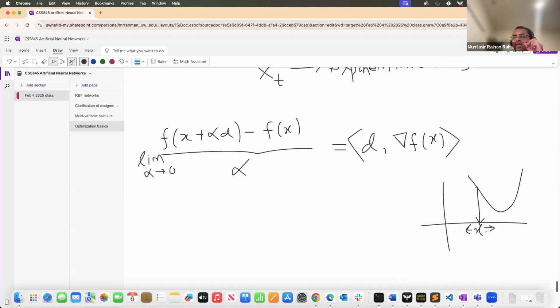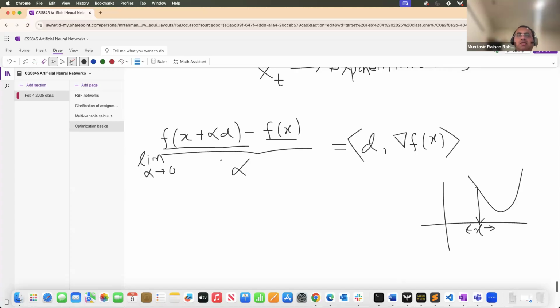I want to find a direction in which to move where I can lower my f as much as possible, so that I get a value much smaller than this value. What direction d can I choose to lower f as much as possible? What value of d should I choose to minimize this directional derivative?